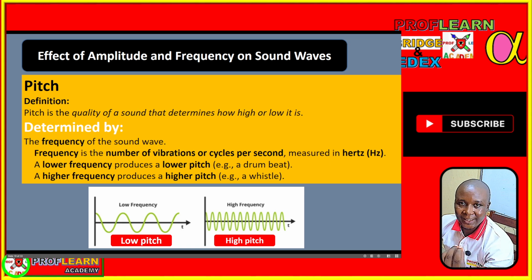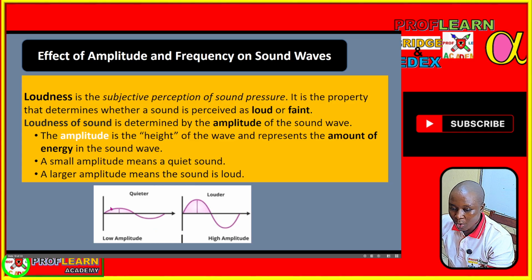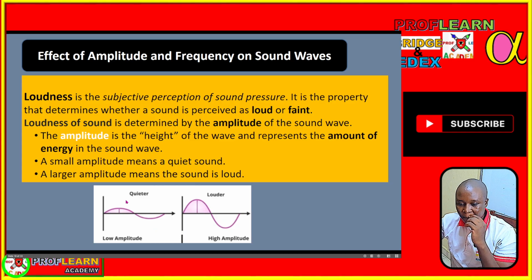So if you are asked to draw a sound of a high pitch on this same graph, you are going to draw a wave which is making a lot of turns. If you are told to draw a wave which is louder than this one, you are going to draw a sound which has a bigger amplitude.